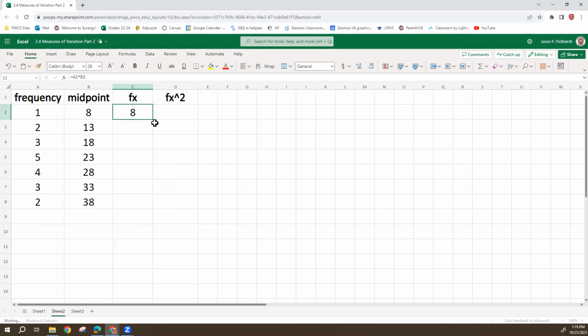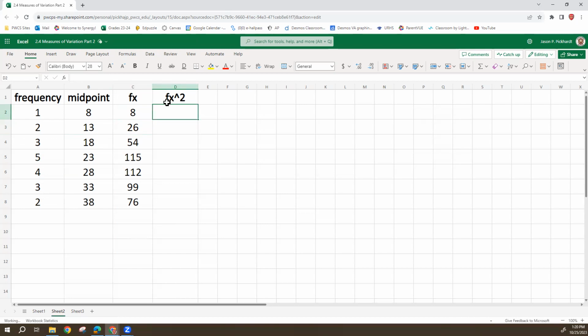And then I can grab that little corner where you can see that little green square. Once the crosshairs show up, I can drag it down and it's going to multiply all of my frequencies times all of my midpoints. Or I can just do the multiplications myself, whichever one works for you.